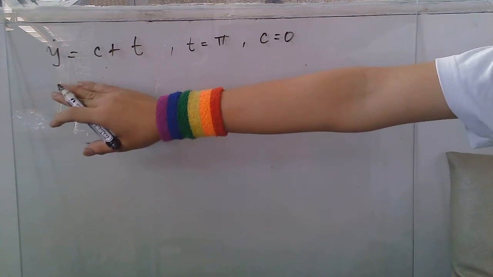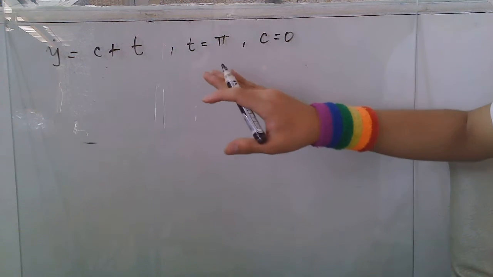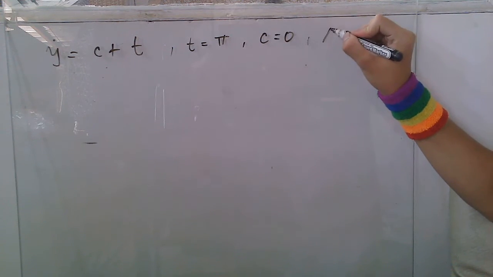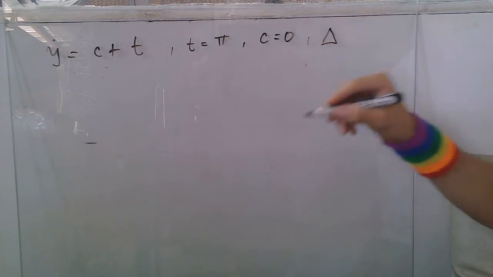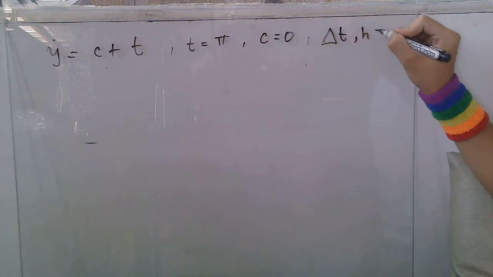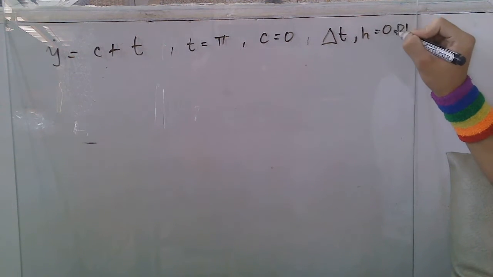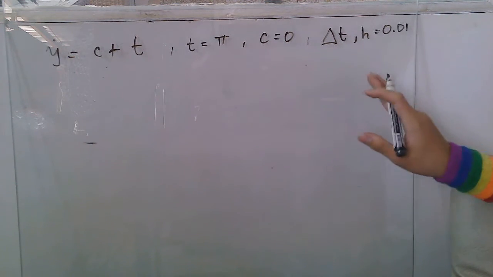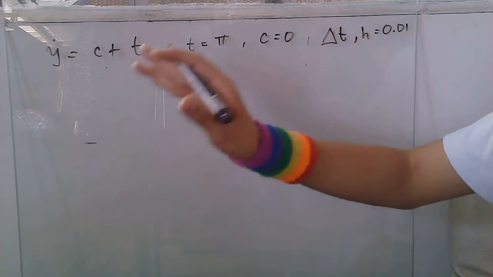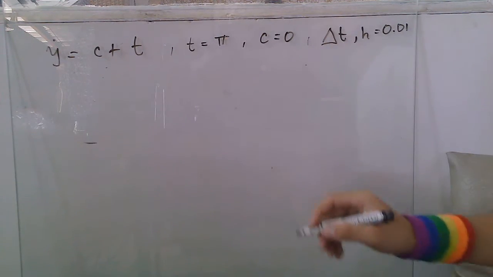Alright, so we need a function that satisfies this equation and satisfies these boundary conditions, and that our prescribed delta t, or h, is 0.01.